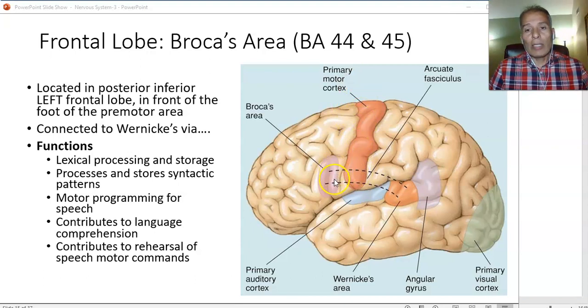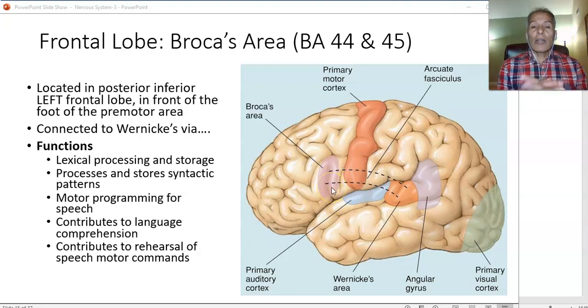It is made up of Brodmann areas 44 and 45. And you saw when we spoke about hearing, how the dorsal pathway from the superior temporal gyrus connects with area 44, and the ventral pathway connects onto area 45. So these areas are extensively connected, the dorsal and ventral streams.